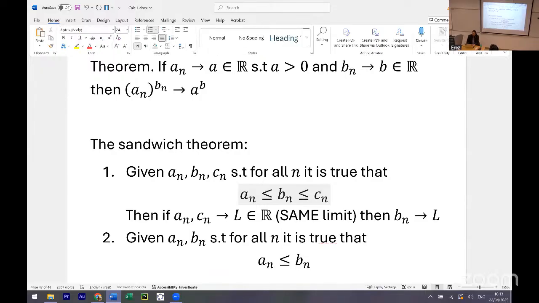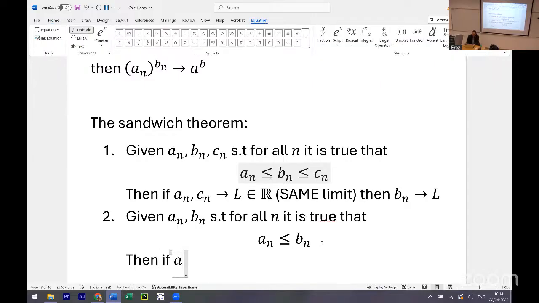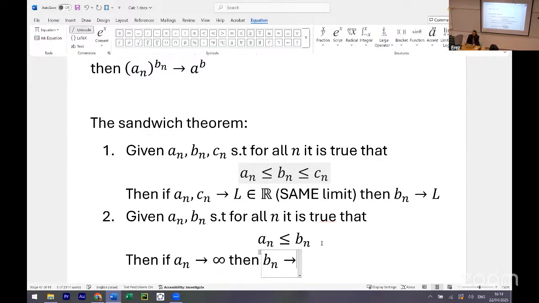And I'll write it in the same articulation. Then if AN tends to infinity, then BN also must tend to infinity. Here you don't need two pieces of the bread, it's just enough to have the one because it goes to infinity.